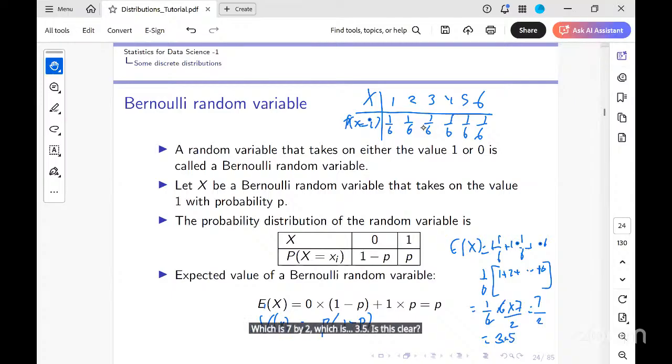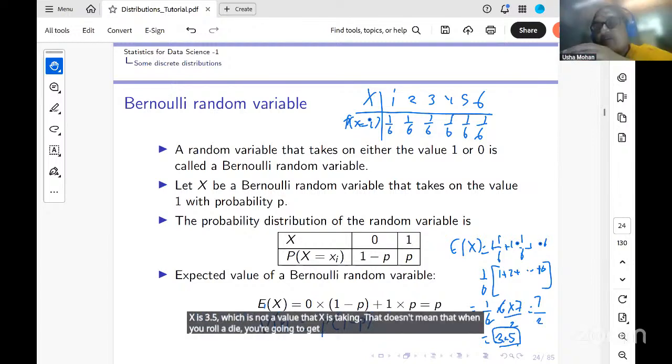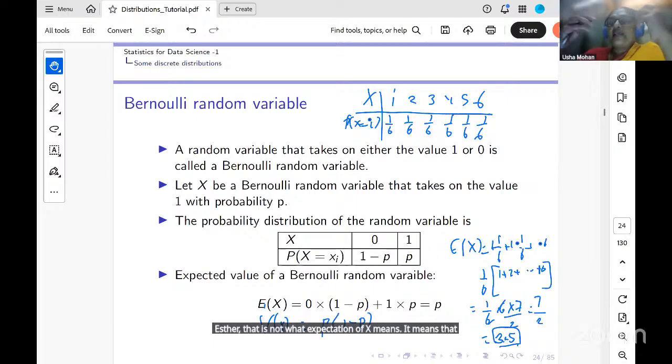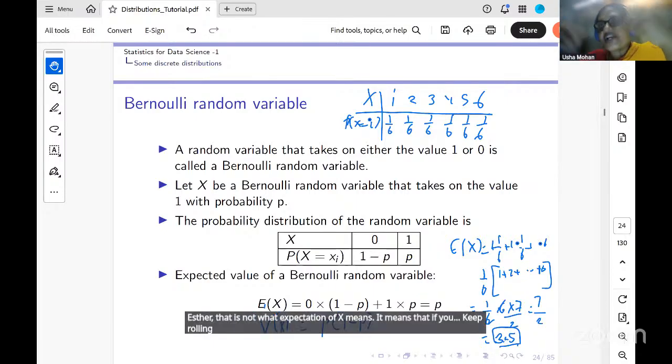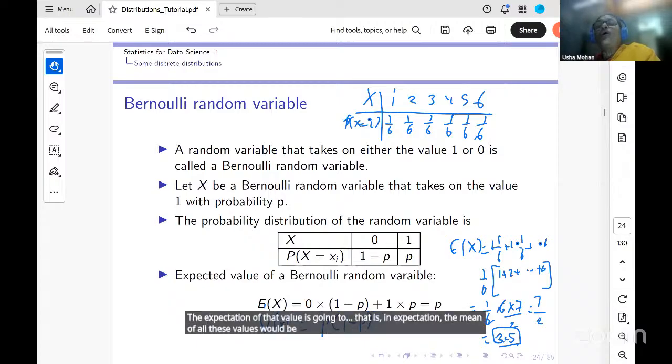You can notice that the expectation of x is 3.5, which is not a value that x is taking. That doesn't mean that when you roll a die, you're going to get 3.5. That is not what expectation of x means. It means that if you keep rolling a die sufficiently many times, the mean of all these values would be 3.5, the long run expectation.